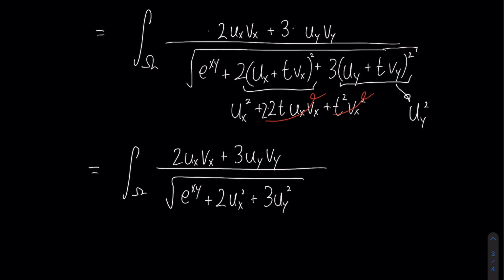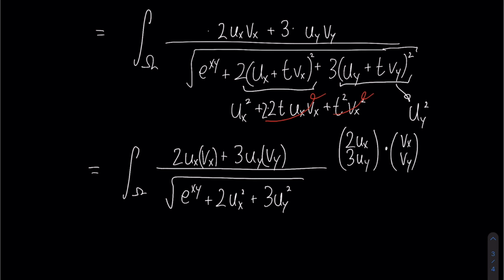Okay, so first of all, I'm going to notice that I can rewrite the top as a divergence or a dot product, right? I shouldn't have said divergence. Sorry if that confused you. But I can rewrite it as 2ux, 3uy dot producted with vx, vy, right?